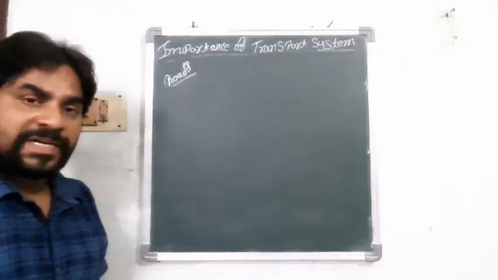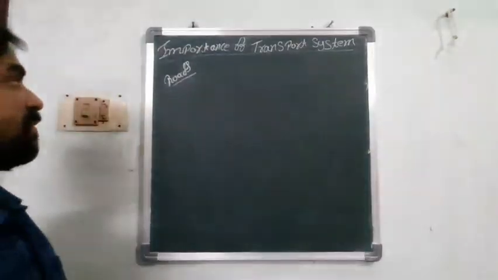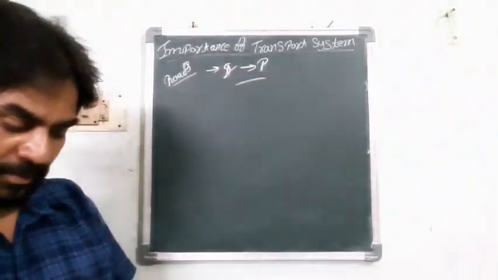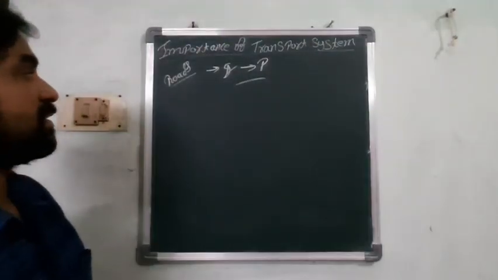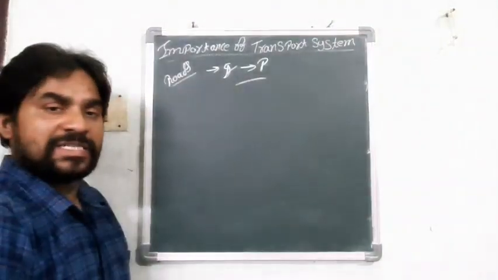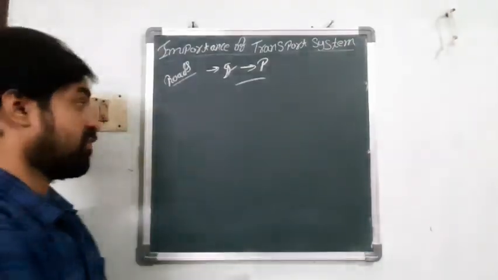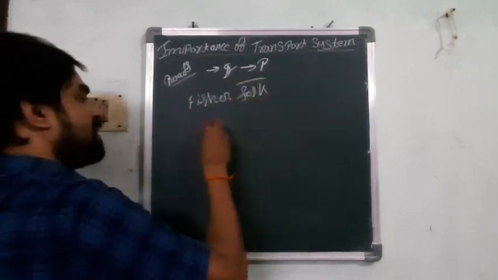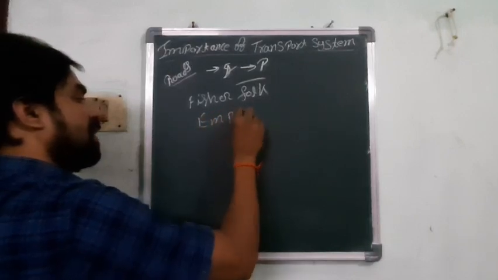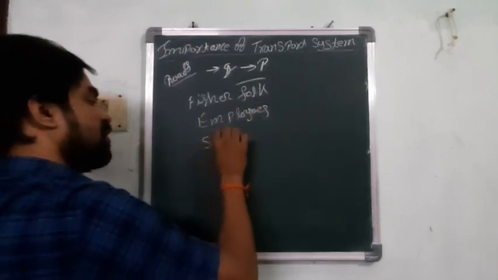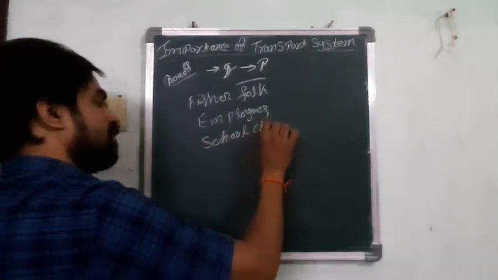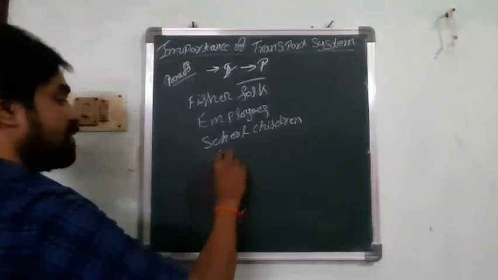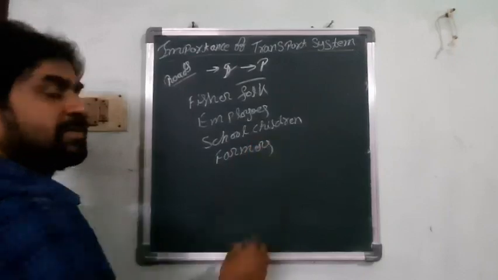Now see the use of roads. Transport is very useful for traveling goods from one place to another, and people also travel from one place to another. For example, from our previous agricultural lessons: fisher folks, businessmen, employees, school children, and also the farmers bringing goods from Raitu Bazaar to other areas.